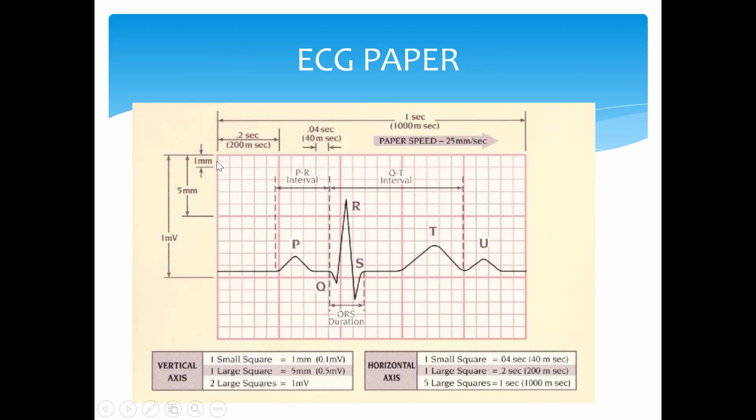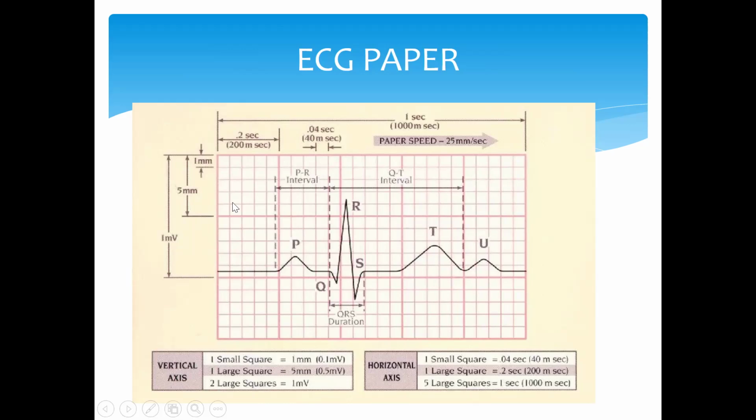One small box represents 1 mm, and 5 small boxes represent 5 mm. So one large box, if we count them horizontally, is 5 in number, and if we count them vertically, they are also the same 5 in number.